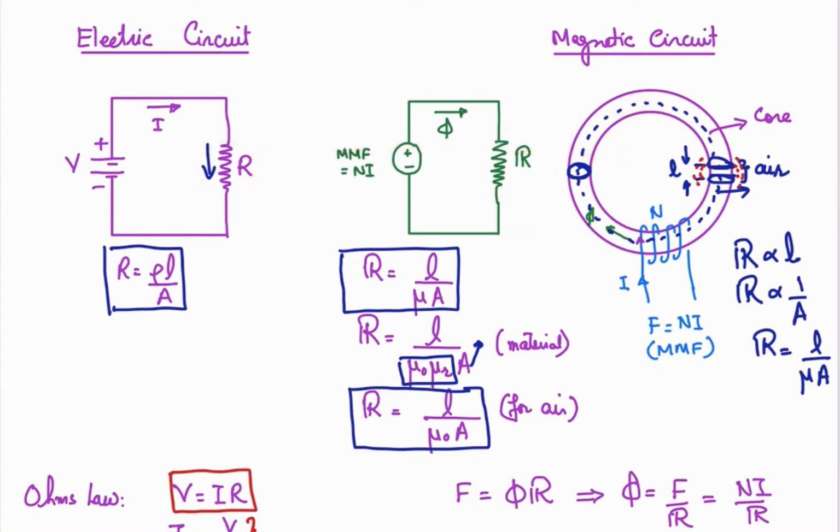As the resistance opposes the current, similarly the reluctance opposes the flux. And over here the voltage source corresponds to the mmf source. So you can develop a one-to-one relationship between the parameters of the electrical and magnetic circuits, and for that you can refer to the lecture in which we discussed magnetic circuits in detail.